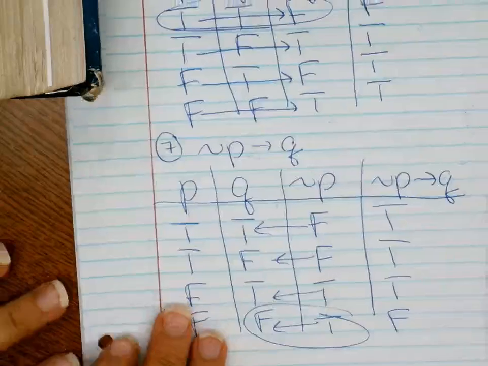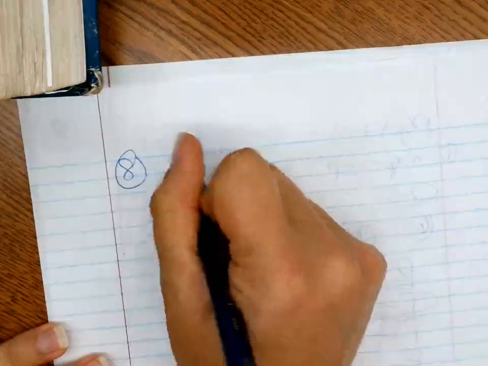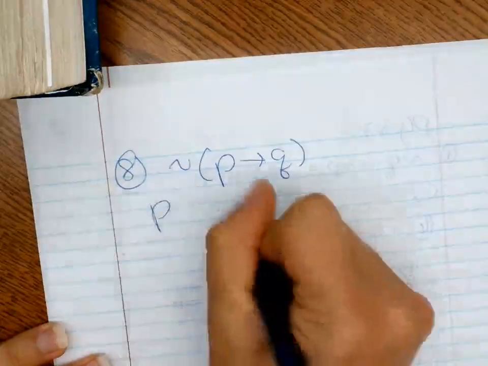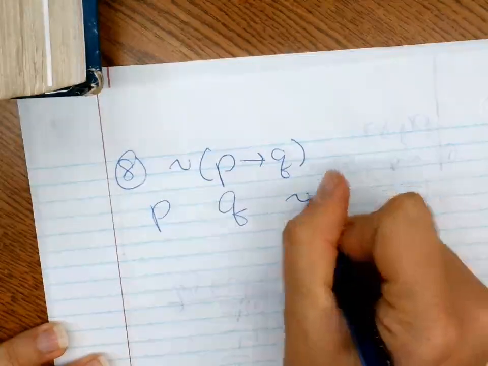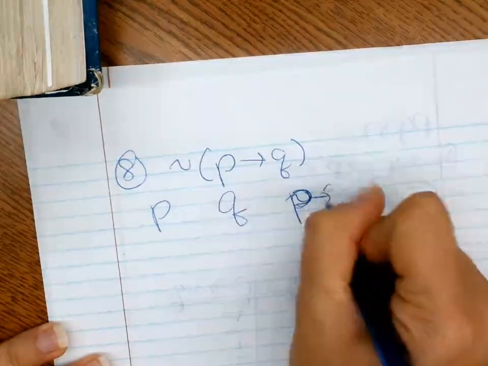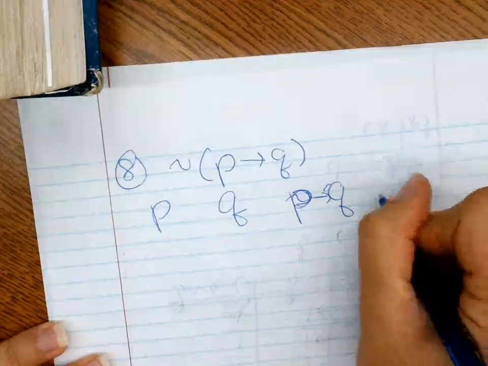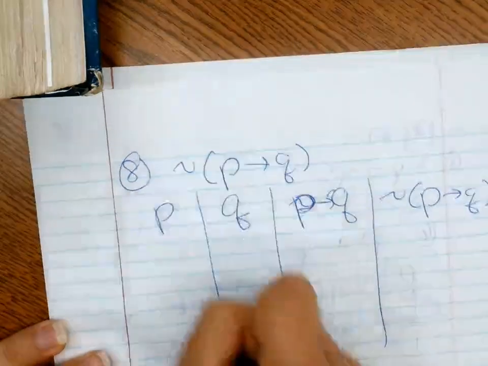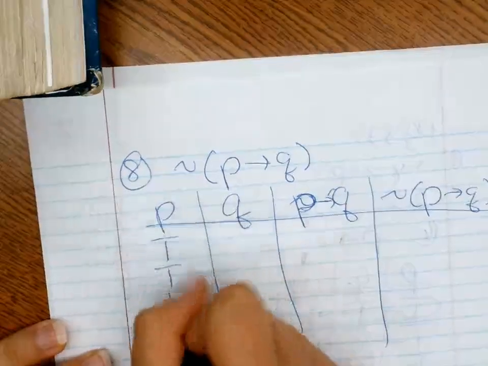We're going to do one more of these. Let's do number 8. If not, in parentheses, P to Q. So I have my P, I have my Q, and then I have my P to Q, if P then Q, and then my not if P then Q. True, true, false, false.